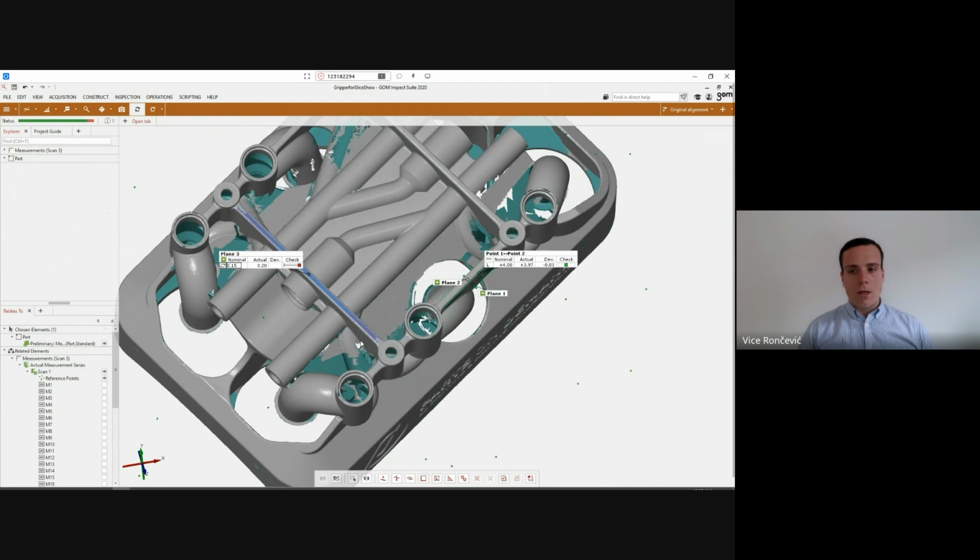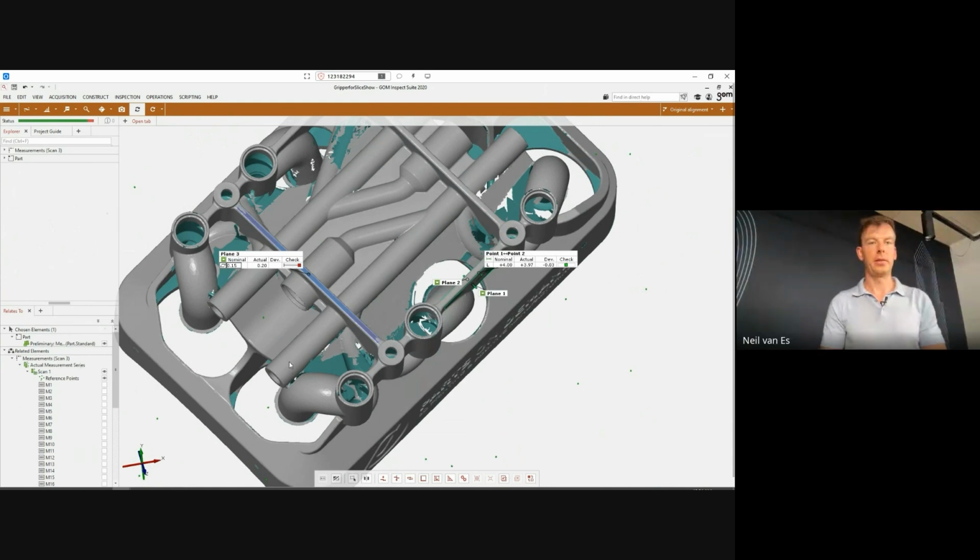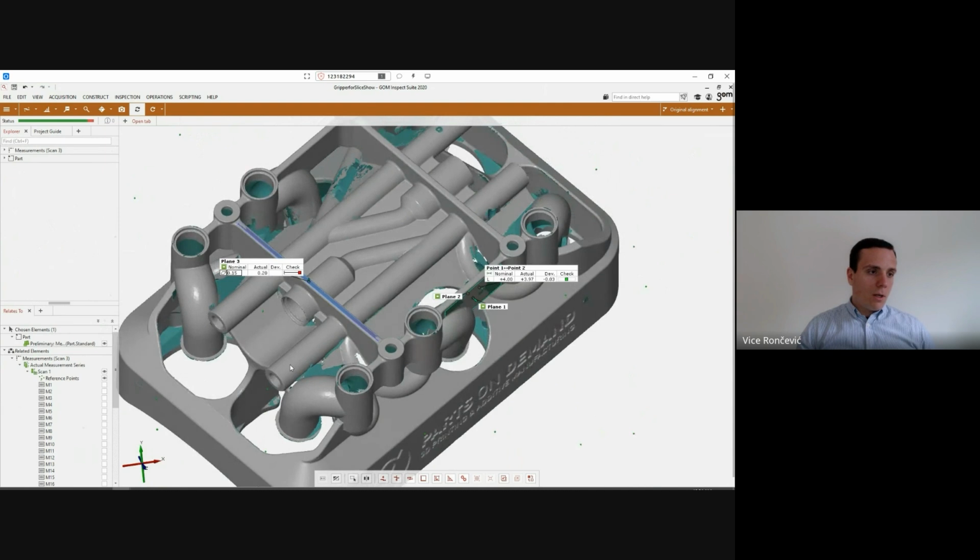If we imagine that there is another counter component in this assembly that needs to fit on this manifold, then we need to define a flatness tolerance there in order for this seal to be tight. Perhaps if we want to ensure a constant gap in between these two components for potential lubricant, the roughness measurement on this surface would also be even more critical. But for the time being, let's just talk about flatness.